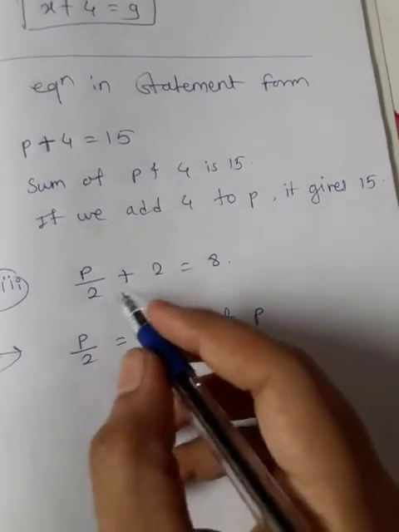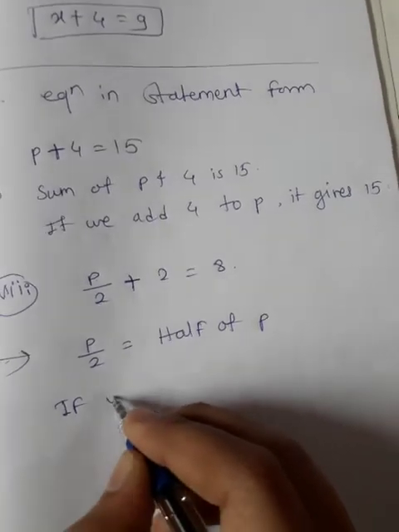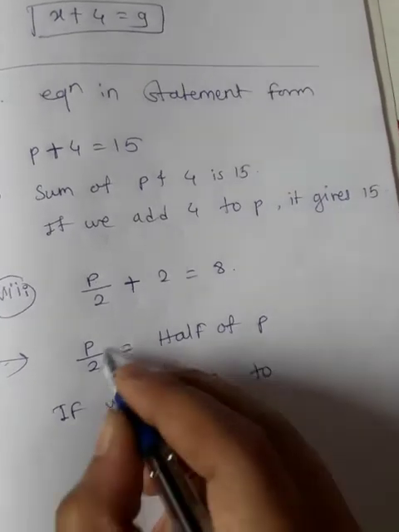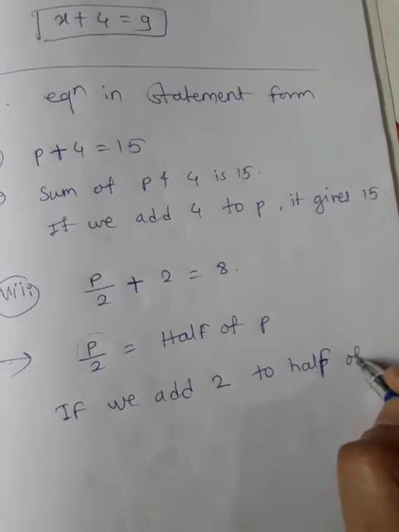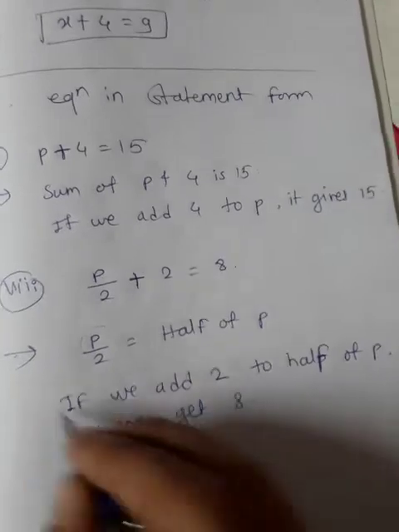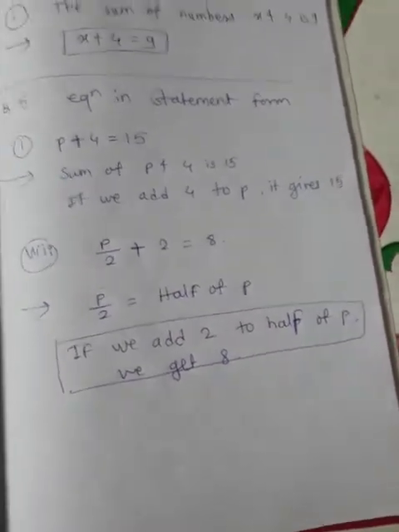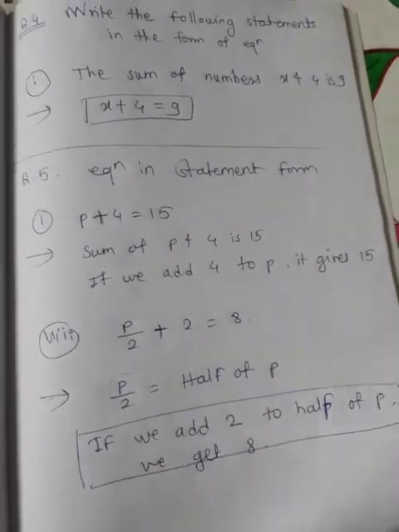So you can write that if we add 2 to half of p, we get 8. You write this statement related to that equation. Like this, they have given equations and you have to write them in statement form.